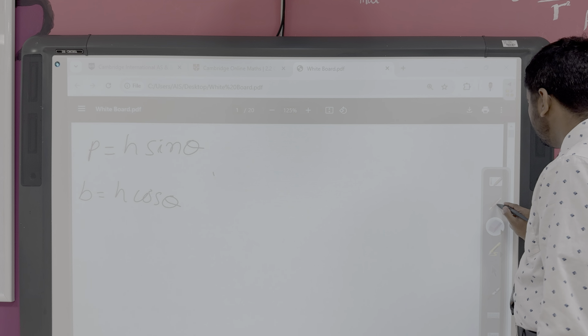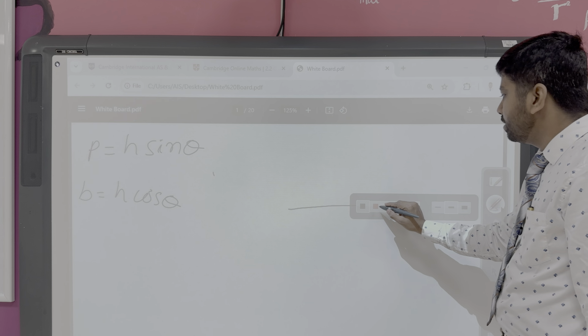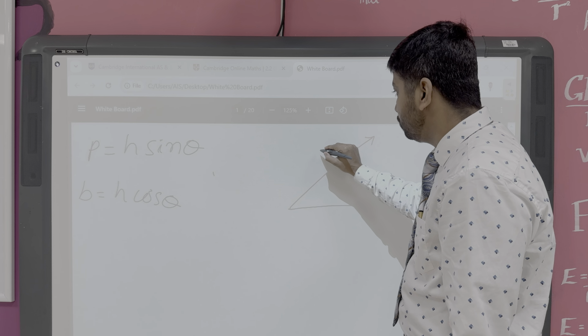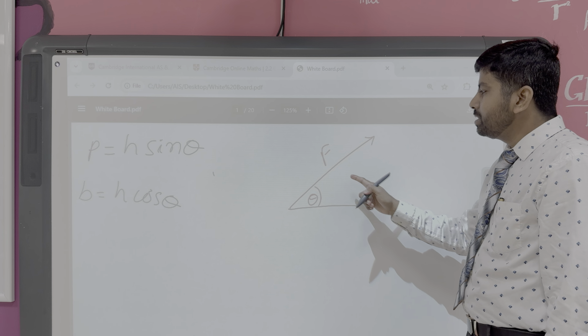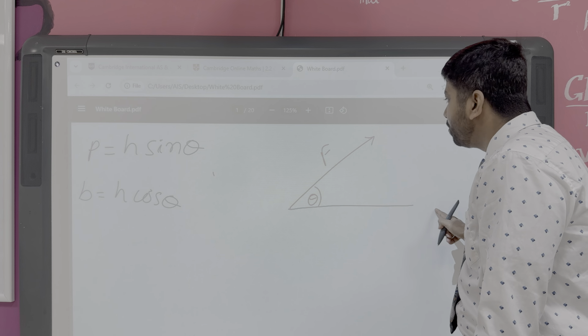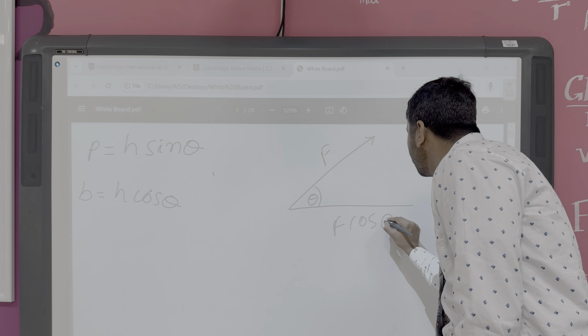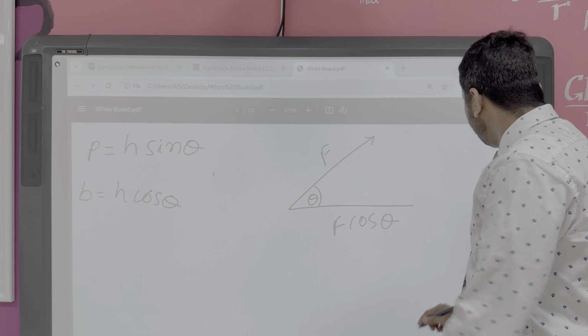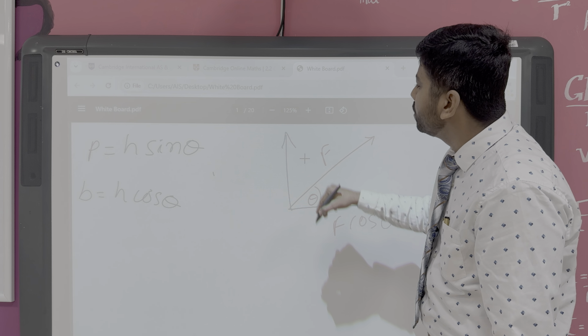Now look here. Suppose this is your horizontal, and one vector is here. Suppose this is force, making some theta angle with this. If I ask you to write the horizontal component of this force, how can you write? You can write F cos theta. This is your horizontal component. If I ask you the vertical component, what will it be?